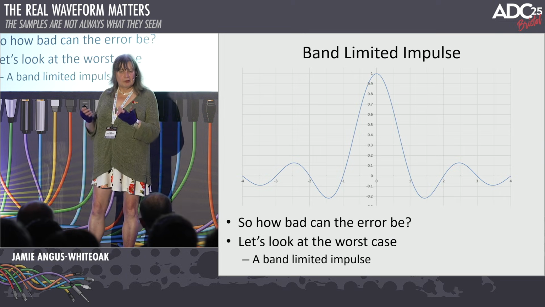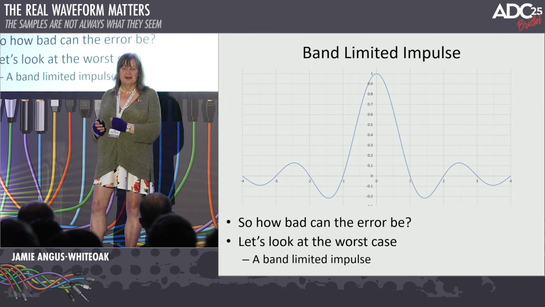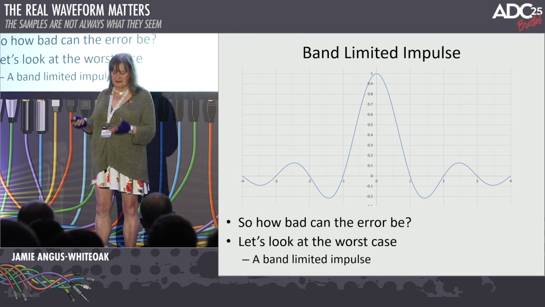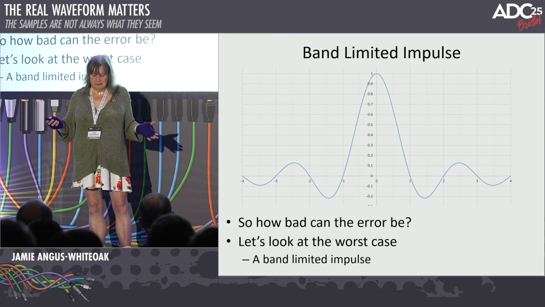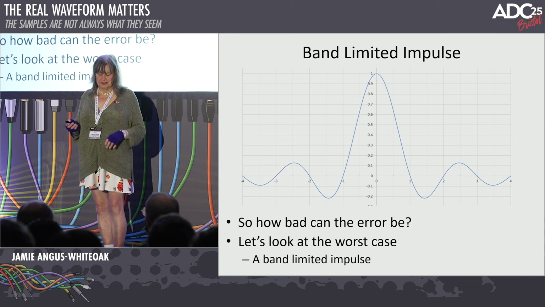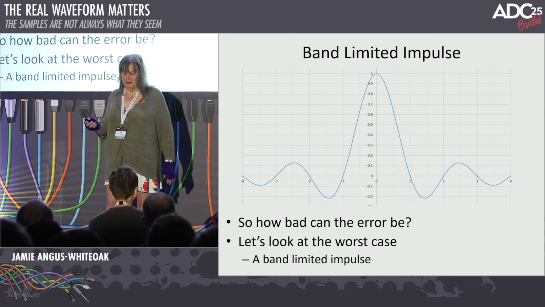And that can give us quite serious errors. Again, this is a torture example. This is a digital impulse response that's a sinc, basically the fastest signal you can get in a low-pass filtered system. So that's a band-limited impulse response.